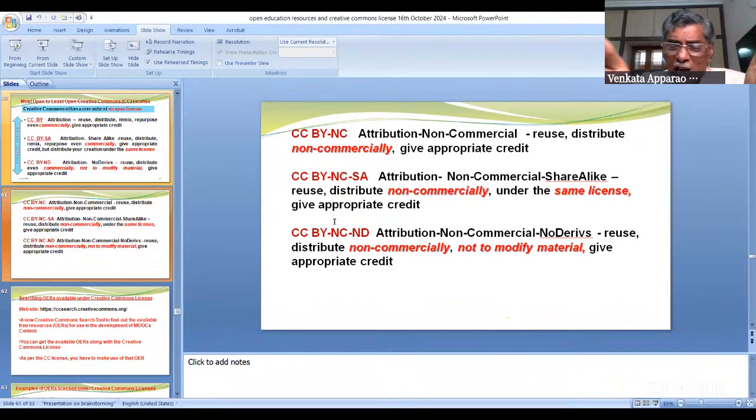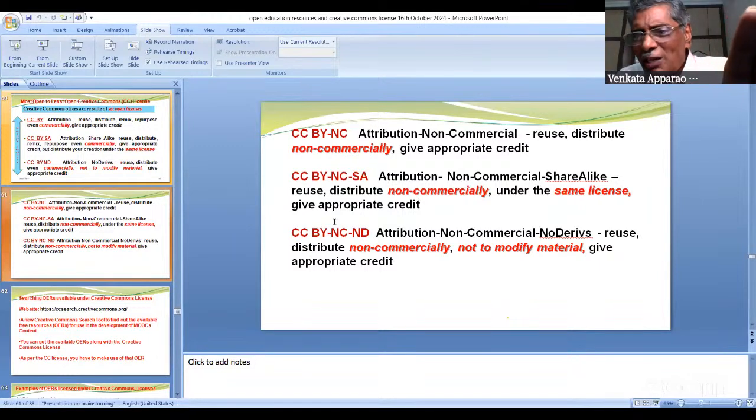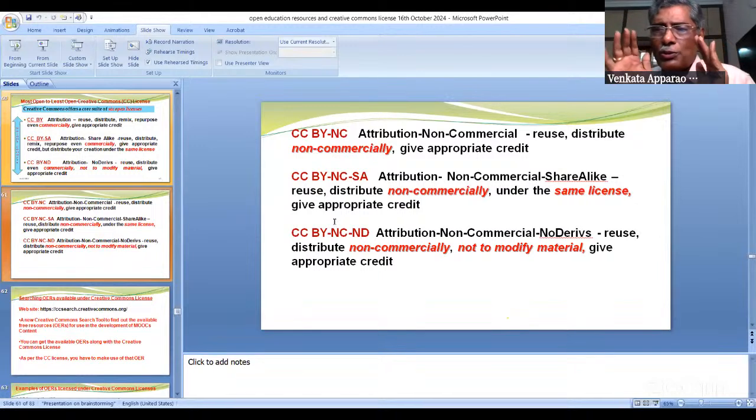And when you use the article or the artwork, you must see these symbols. Whether it is CC BY NC, it means I should not use it for commercial purposes. I can use it in my class, distribute in my class.